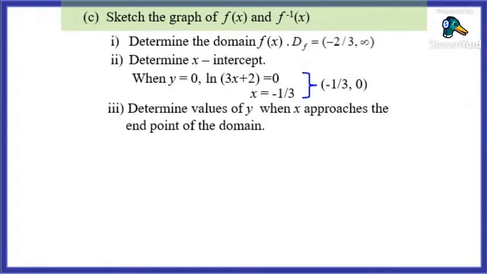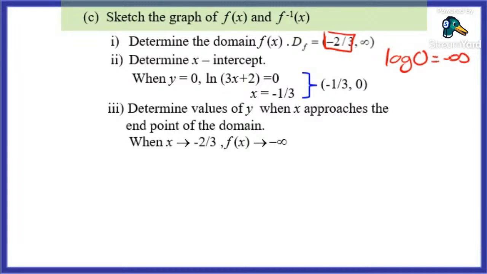And then yang kedua, you cari bila x approach to negative 2 over 3 dulu. Y will approach to log 0, which is approaching to negative infinity. Ingat bila dia adalah log 0, dia adalah sama dengan negative infinity.